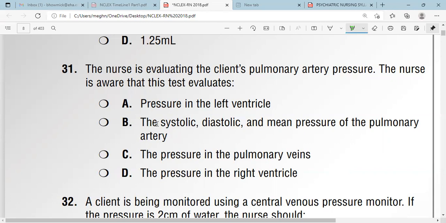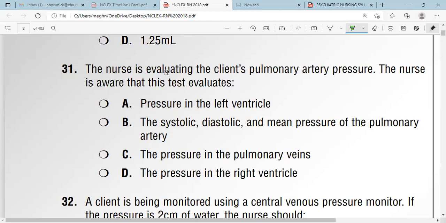Number B, systolic, diastolic, and mean pressure of the pulmonary artery. Number C, pressure in the pulmonary veins. And also number D, pressure in the right ventricle. So what is the correct answer?